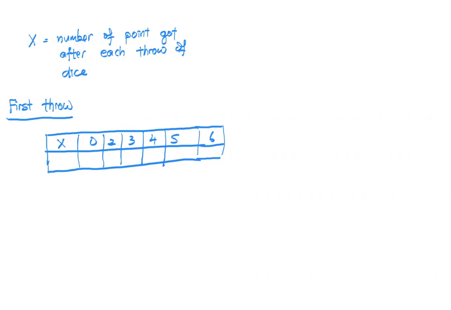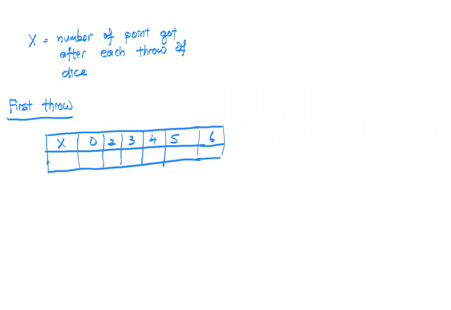When you throw a dice, if you throw a 1, you get 0 points. If you throw a 2, you get 2 points, the point that you get. Right?